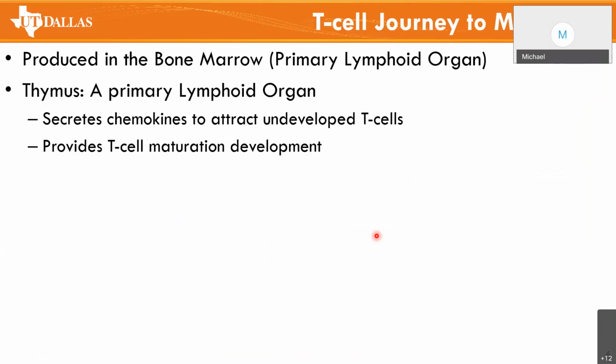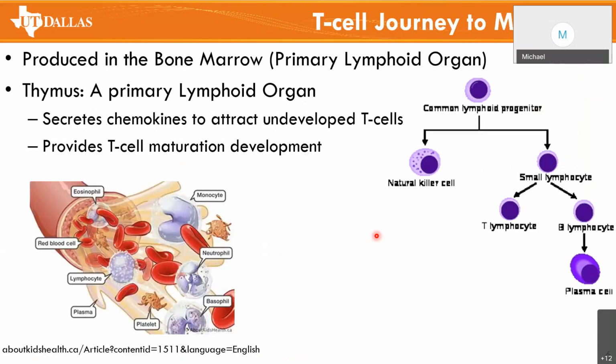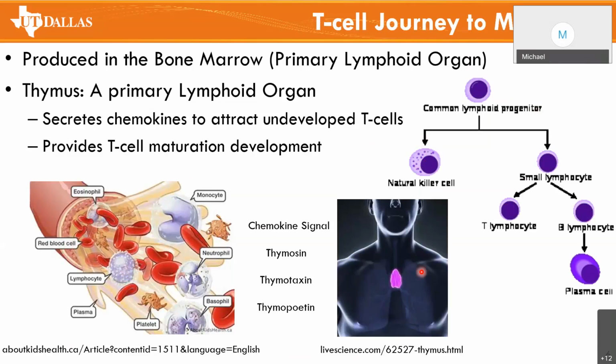So T cells and all leukocytes are produced in a primary lymphoid organ known as the bone marrow. In the bone marrow, we have lymphocytes, and these lymphocytes can develop into natural killer cells, T cells, and B cells. We're going to call these lymphocytes T cell precursors. The thymus will send out chemokine signals known as thymosin, thymotaxin, and thymopoietin to call the T cell precursors into the thymus.